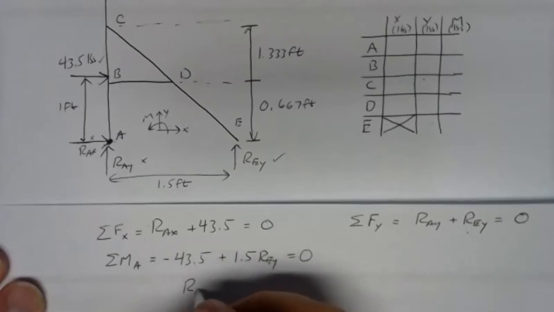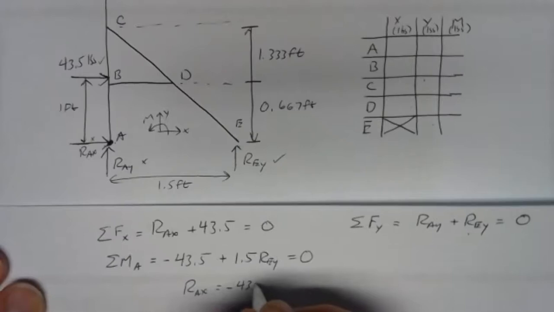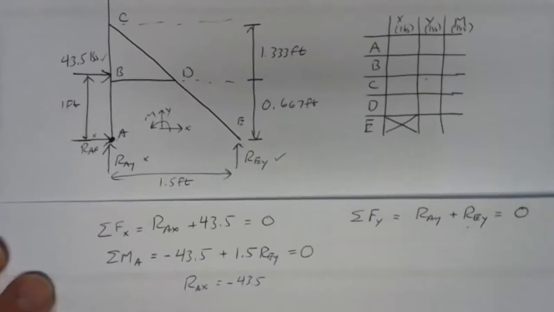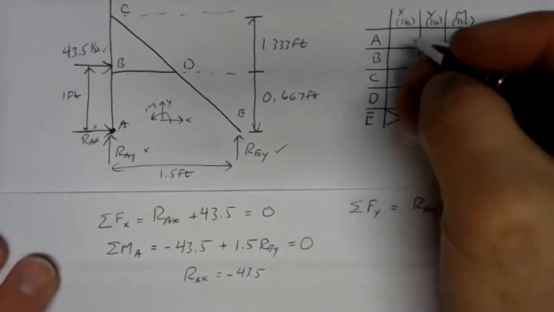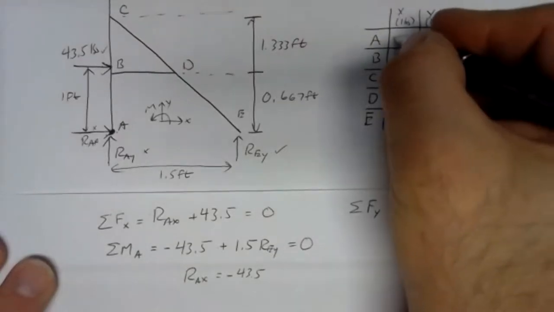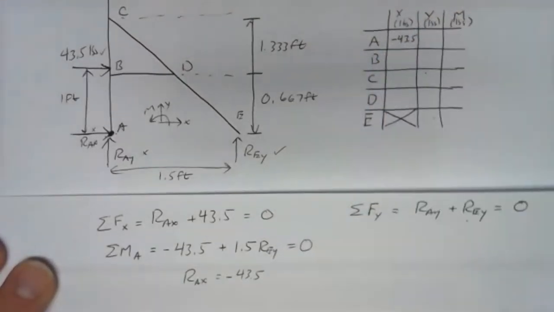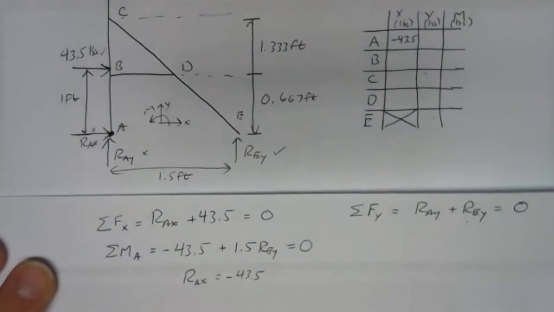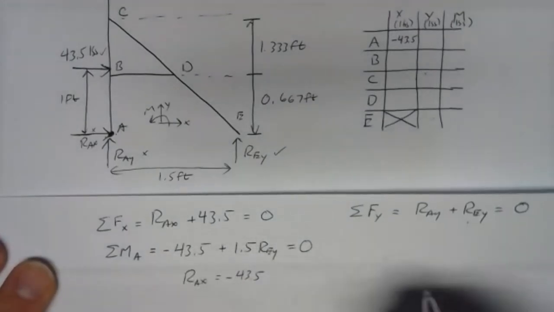RAX is negative 43.5. So that's a value that we've got and we can use and plug into our table. And I'd plug that in along with the negative. So negative 43.5. REY we can get from the moment equation.